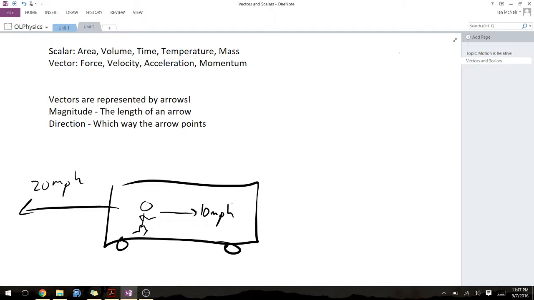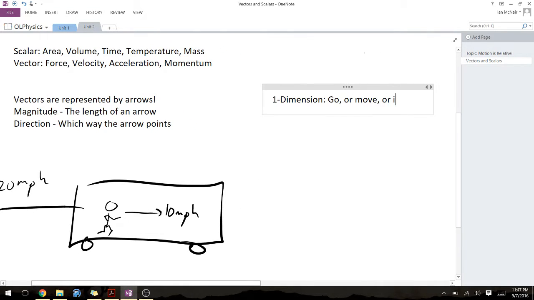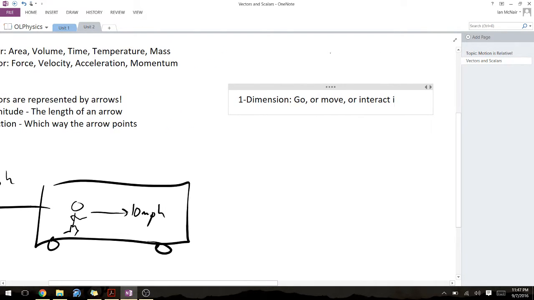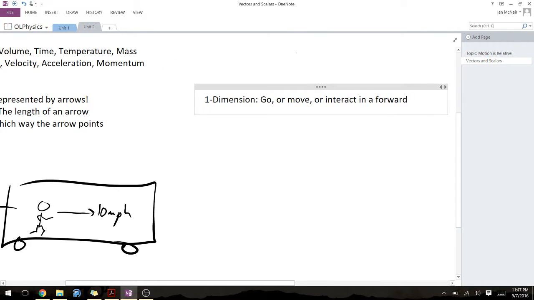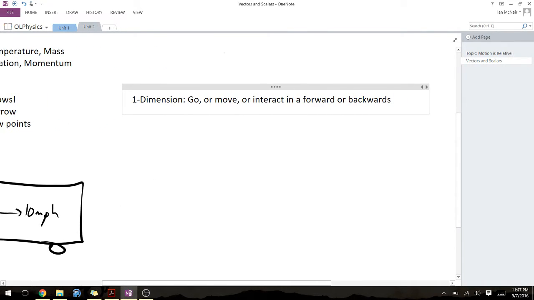They also manifest themselves as mathematical representations, specifically in one dimension. And all I mean by one dimension, I'll define this as well, simply means that we can only go or move or interact in a forward or backwards motion.